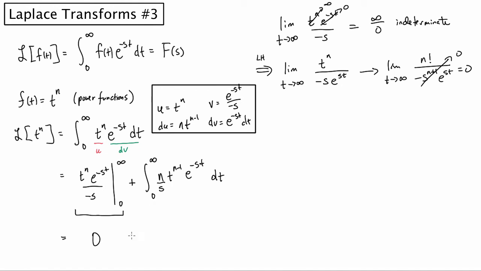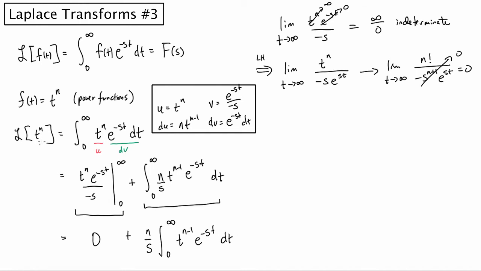Now, for this particular problem, looking at the second piece of the integral here, n over s is a constant with respect to the variable of integration, so I'm going to pull it outside the integral. And I'm looking at the integral from 0 to infinity of t to the n minus 1 e to the minus st dt. So I want to show you what happened here.